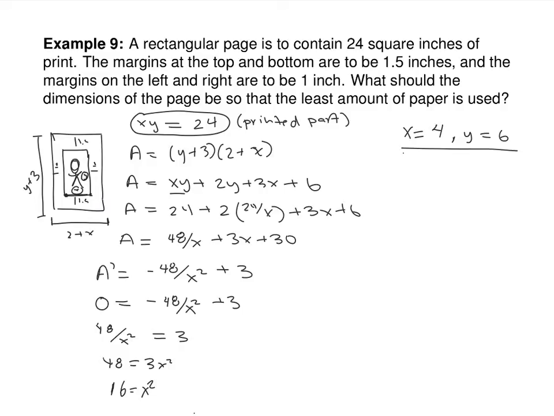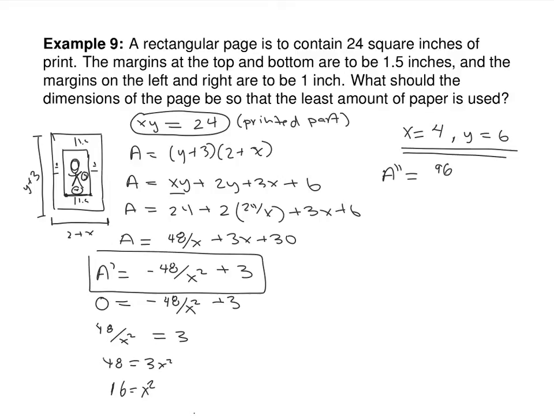Now let's just verify that we want a minimum, right? So what's the second derivative of this thing going to be? Look at this guy, positive or negative?